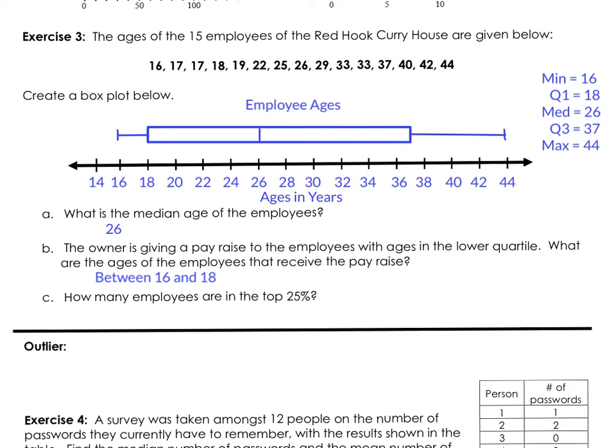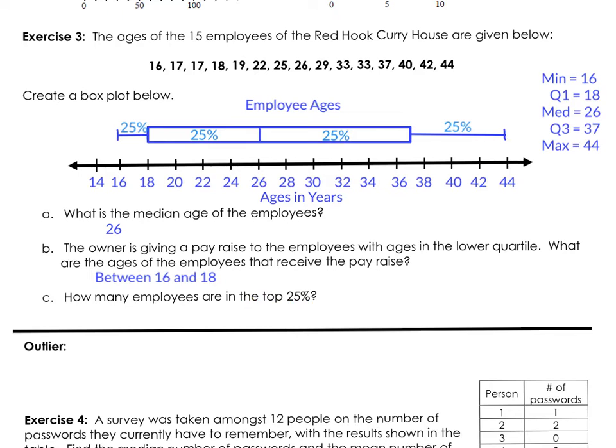And then the next one, how many employees are in the top 25%? So I'm going to just put those 25% in there again so you remember where all the data is and how it's broken up. Okay, so now that I put those 25% in there, it might be a little easier to see. We're looking for the top 25%. So top 25% are like our highest 25%, so that would be over here, and it would be the range between 37 and 44.